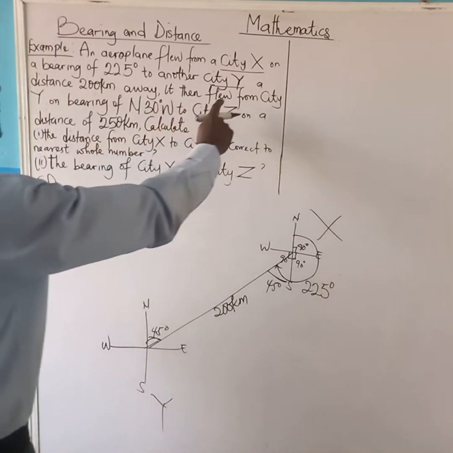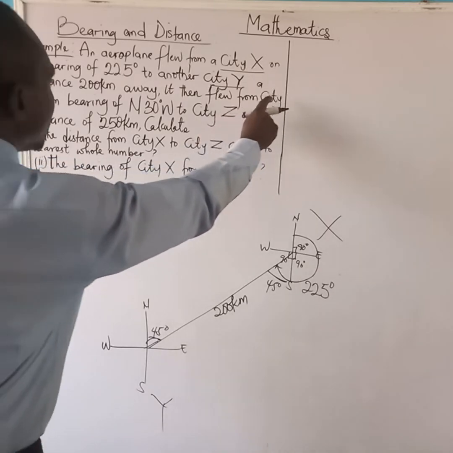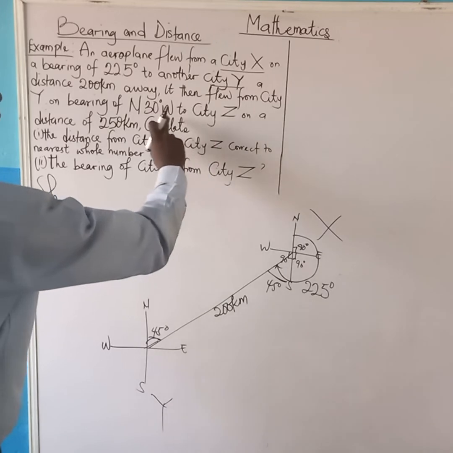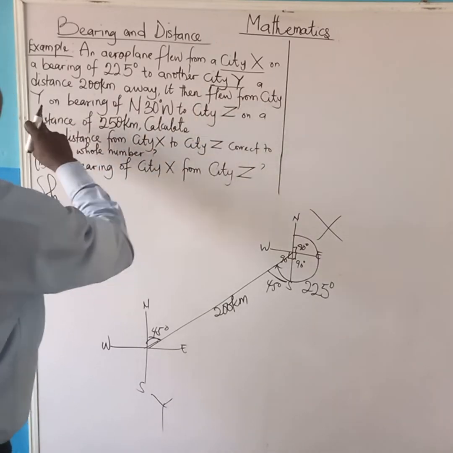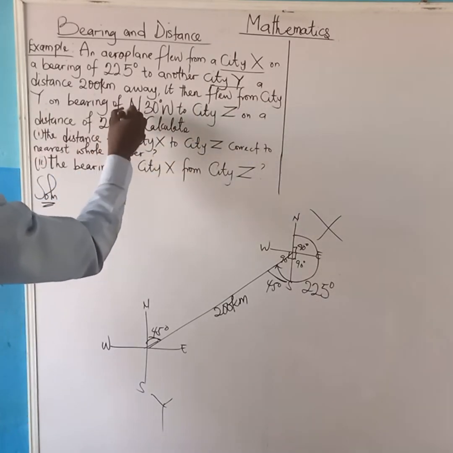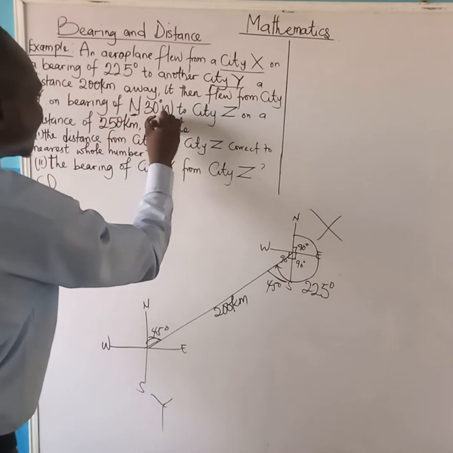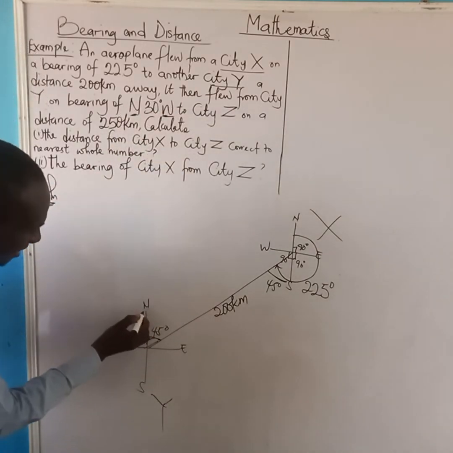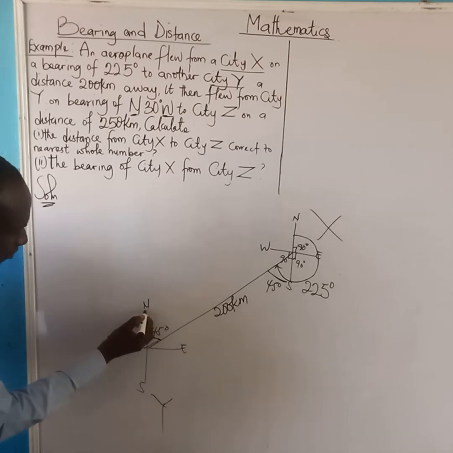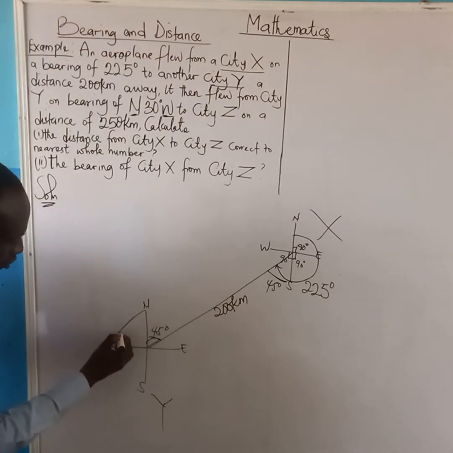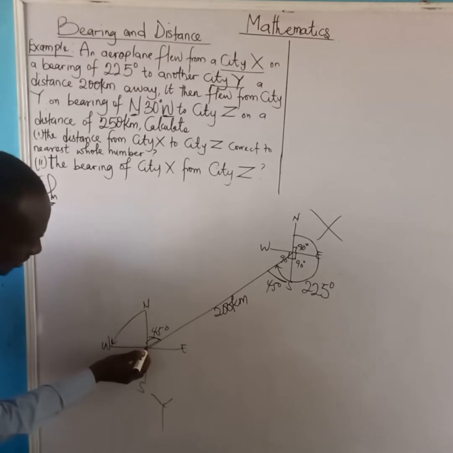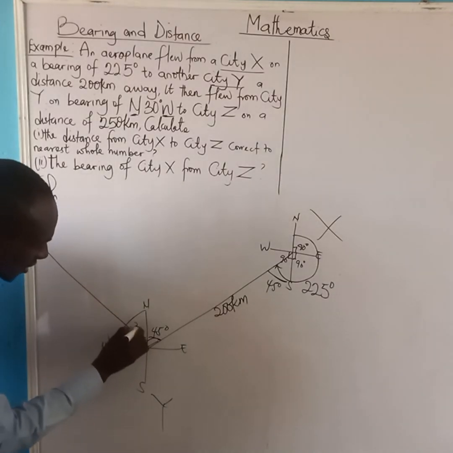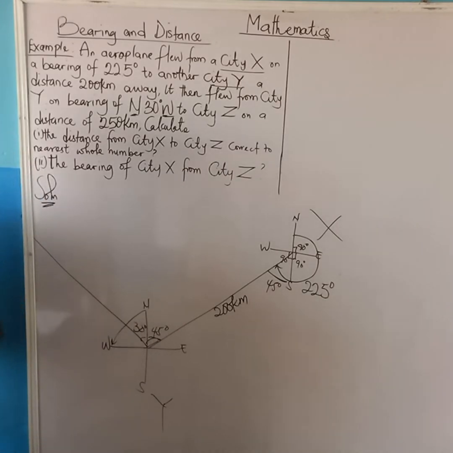Then it flew from city Y, that is, it took off from here, from city Y on a bearing of north 30 degrees west. North 30 degrees west. That is, the reading comes from north to west 30 degrees. The 30 degrees is this. So we have 30 degrees here, according to the question.